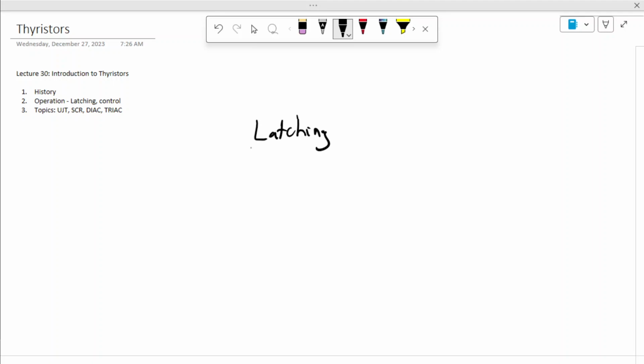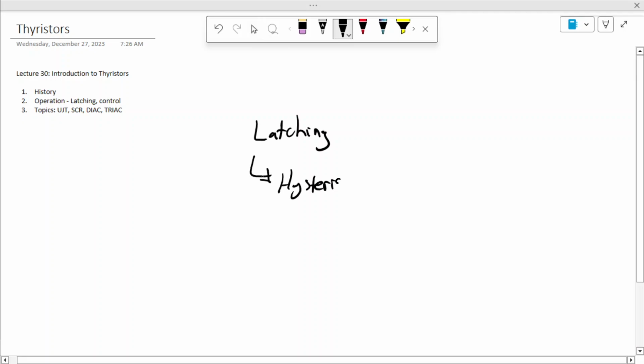And latching is something that we haven't really talked about yet in this course. And it basically is related to an idea called hysteresis. And hysteresis is the tendency for a system to get stuck in one mode or another.